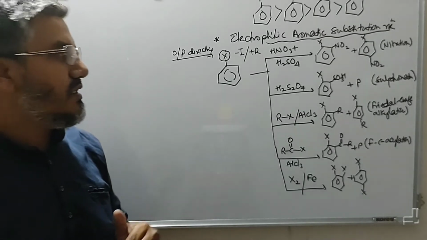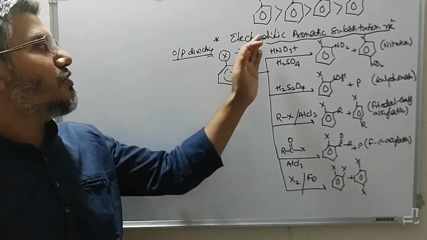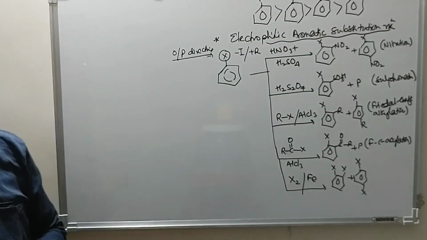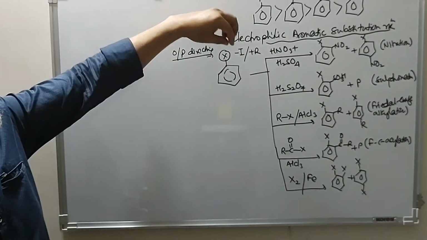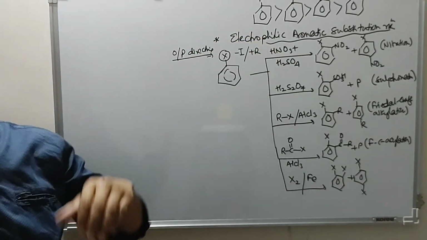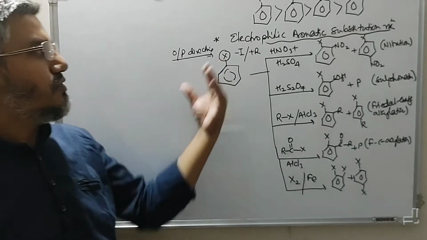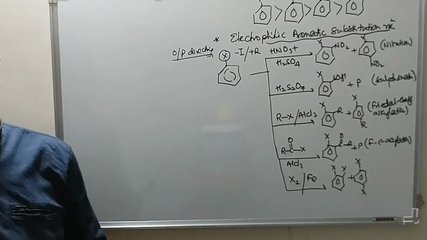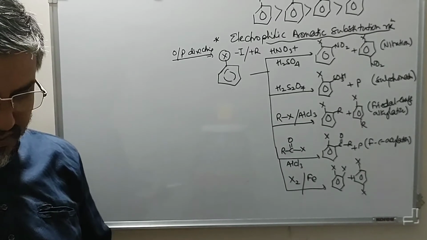But when we compare the reactivity of this halobenzene with the reactivity of benzene towards electrophilic aromatic substitution reaction, benzene is more reactive than halogen substituted benzenes. The reason being, this is electron withdrawing by induction, a deactivating group. Electron density is slightly less than that of the benzene ring. So these are electrophilic aromatic substitution reactions as given by halogen substituted benzenes.